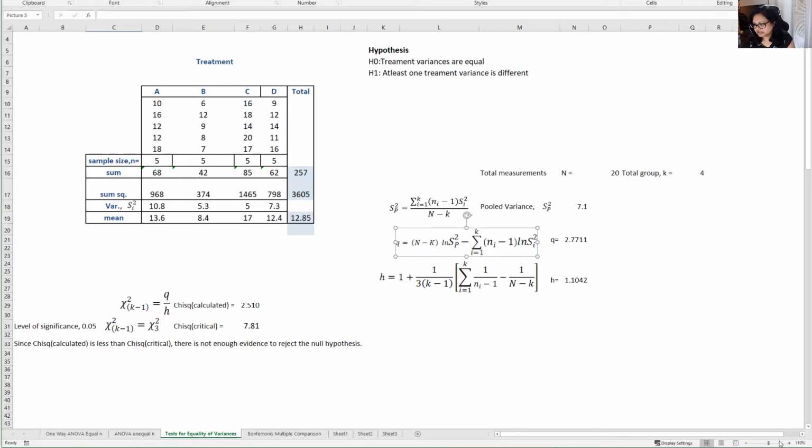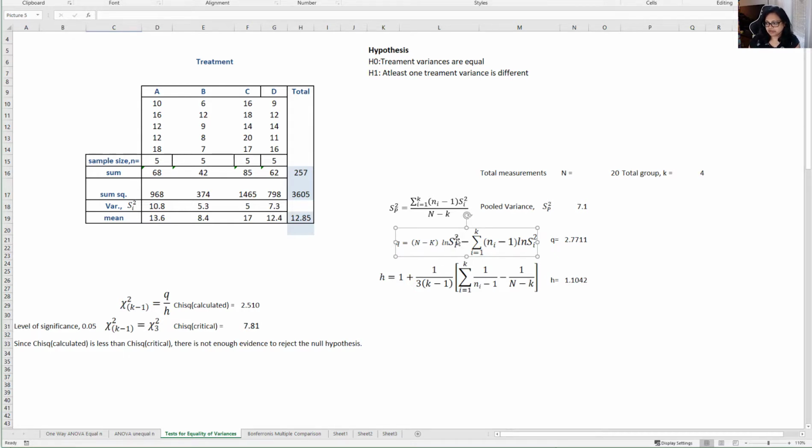In Q, you can see that we have to find the difference between the number of observations minus the number of treatments. So the total number of observations, that means how many observations we have, 20 of them, and the total number of groups is 4, that means 4 minus 1, and then the log of Sp square.